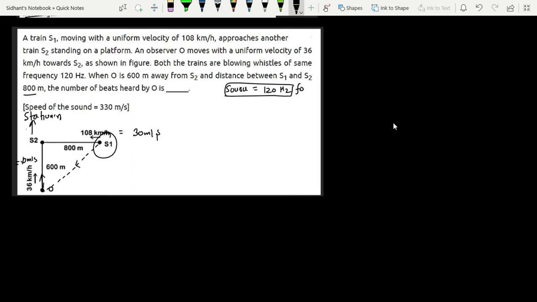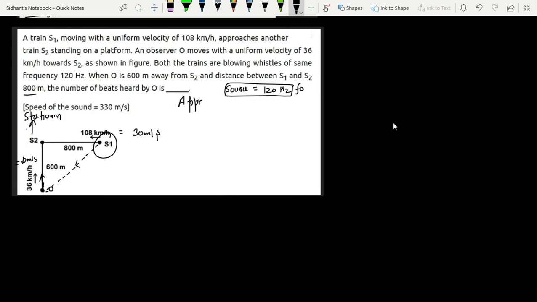So if in this particular situation S1 emits a frequency at 800 meters, definitely it will never be heard by O when it is at 600 meters, because it has displaced itself from this position. But since it is again a question in which you have to take that approximation, otherwise the question will not be solved.